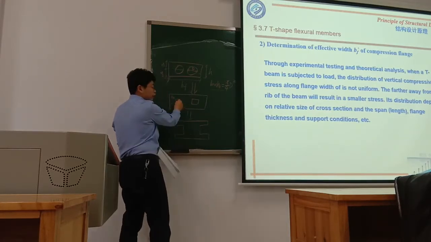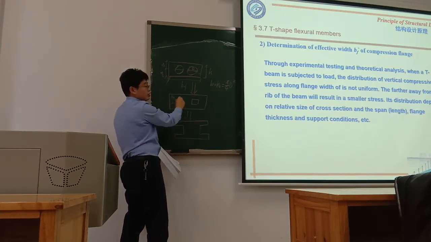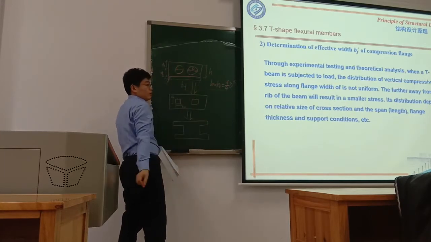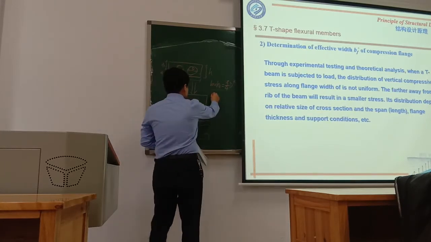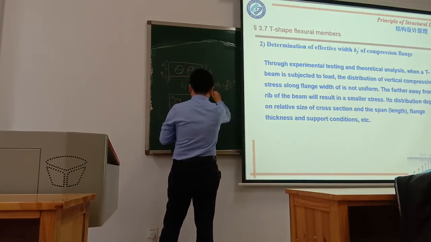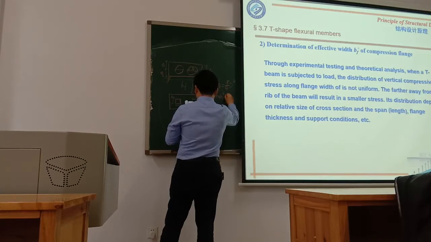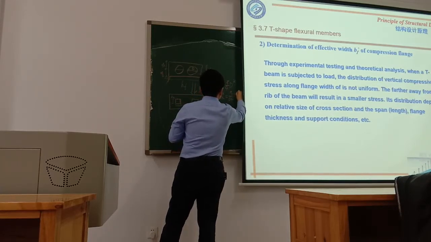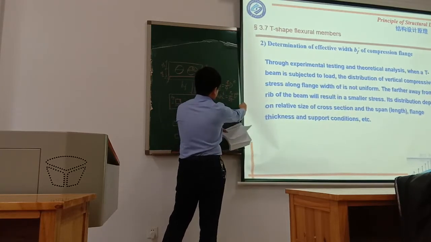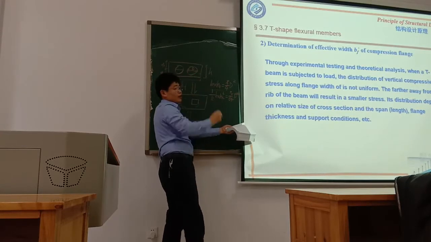So the area of this square is equal to this hole, and the moment of inertia of this is equal to this one.